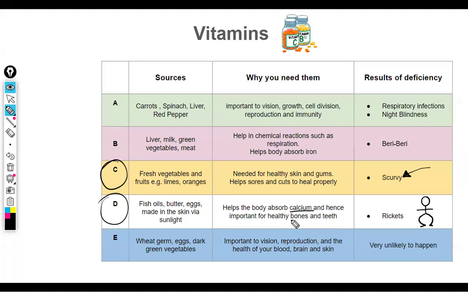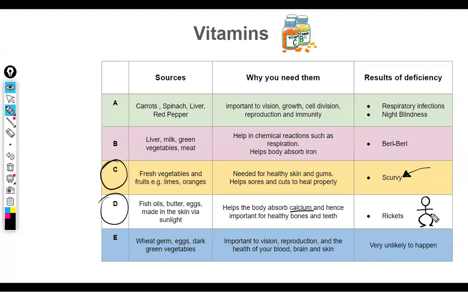Doesn't your body need calcium for bones and teeth? So if you don't get enough vitamin D, you can't get enough calcium, and hence your bones don't get strong. That is why the person's legs bend like this. It bends under the weight of the person because the bone's too weak to fully support the body. So it gets curved over time.